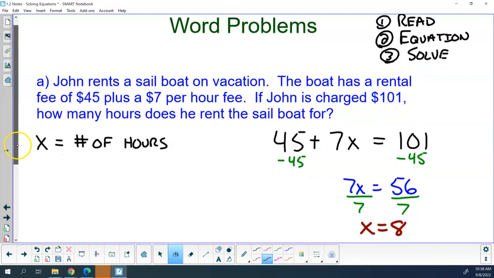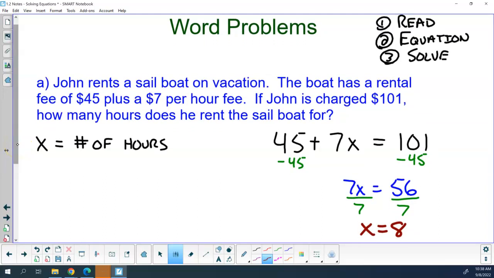Now, the kicker in a word problem is the last one. The last little thing we got to do. Label it correctly.